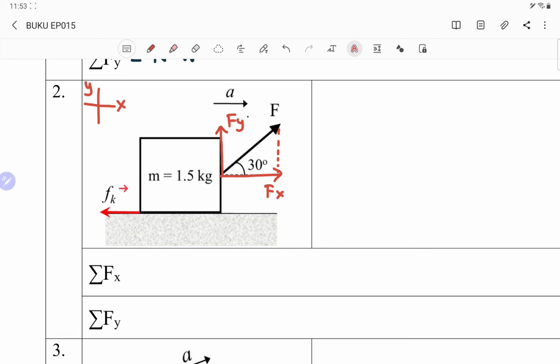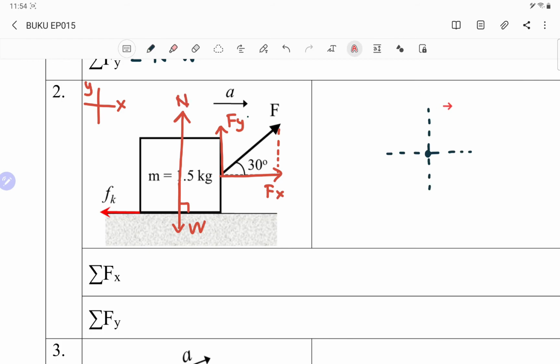Then we have friction, kinetic friction, which means this is not a smooth surface. It is not written, but it gives Fk, so it means there is friction. And this object has a mass, so it has weight going down. It is also in contact with the surface, so it will have a normal force from the surface, N.